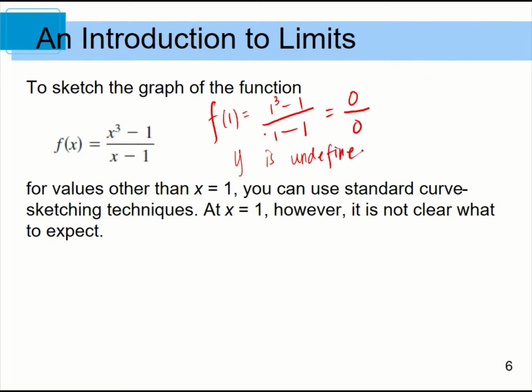So y does not exist. However, we want to know what happens if x is getting closer to 1. What is the behavior of y when x is getting closer to 1? So we use the concept of limit.